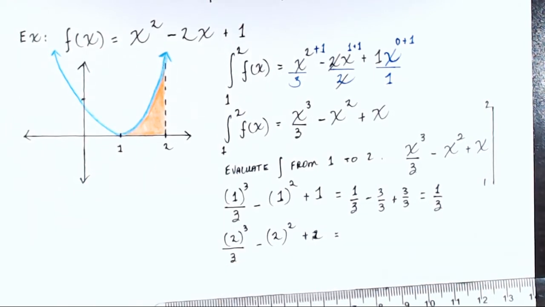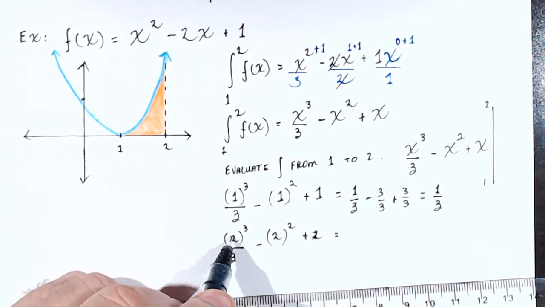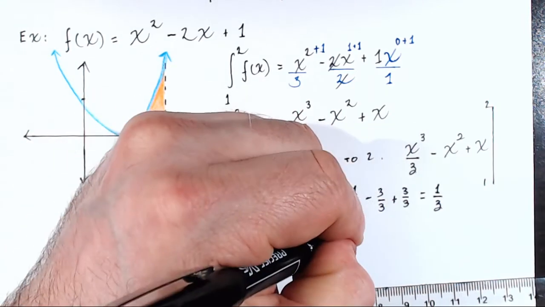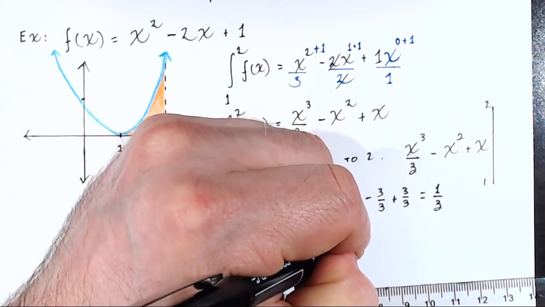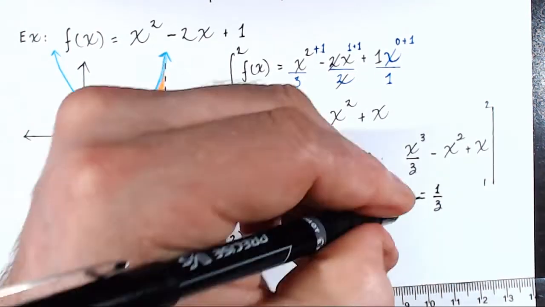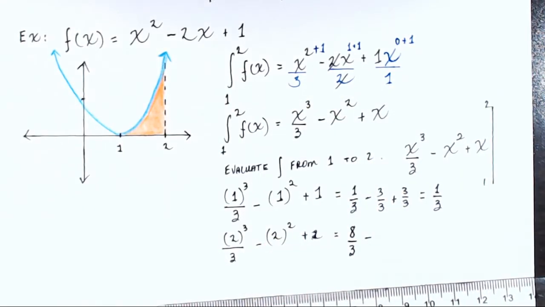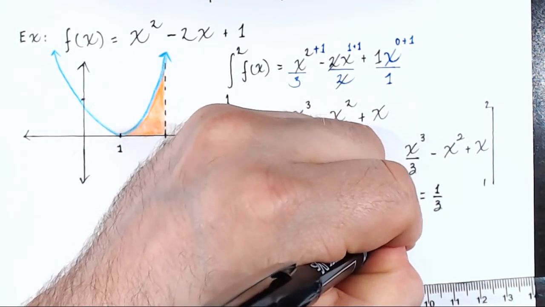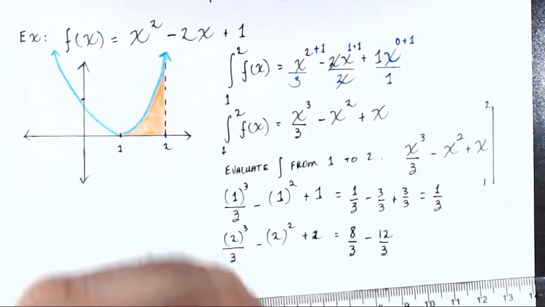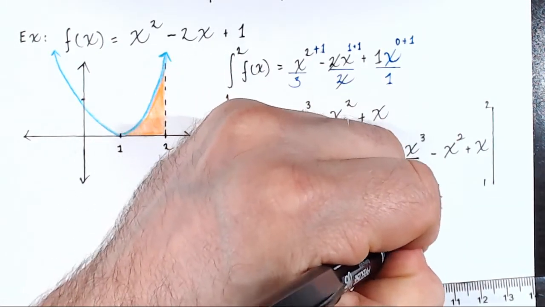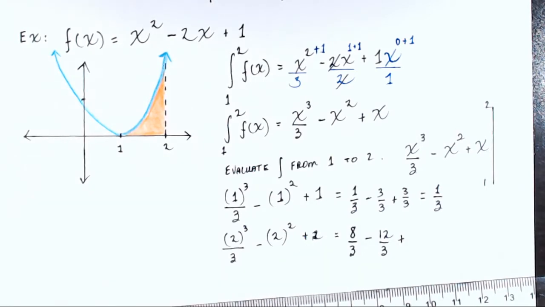Let's see what this one does. 2 times 2 is 4, times 2 is 8. So I have 8/3 minus 2 times 2 is 4. So if I wanted to write that in terms of 3, instead of writing 4, I'd write 12/3 plus 2.